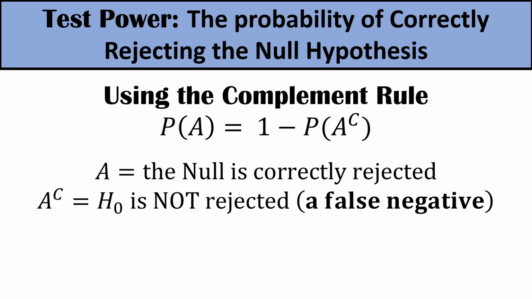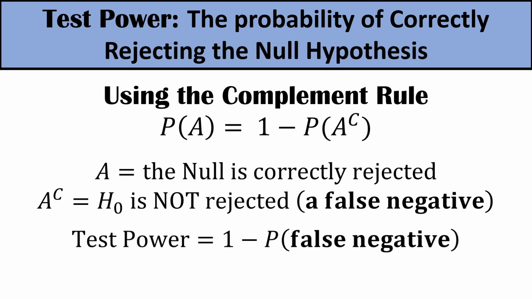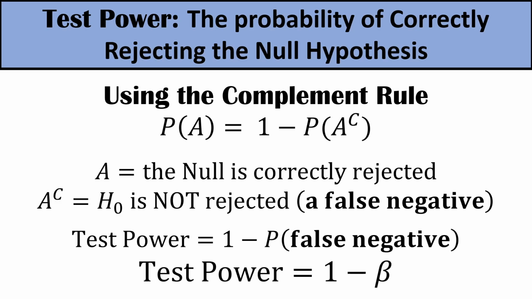Point being, test power is the probability that the null is correctly rejected. That's equal to 1 minus the probability that we falsely fail to reject it. In other words, 1 minus the probability of a false negative. As I said on the last slide, the probability of a false negative is given the symbol beta, so test power is equal to 1 minus beta.